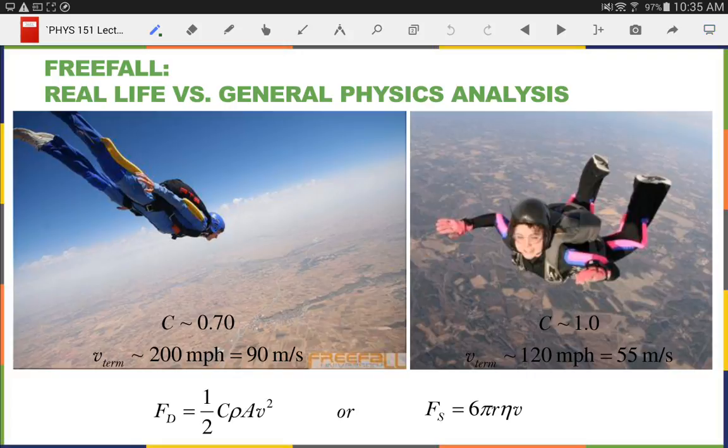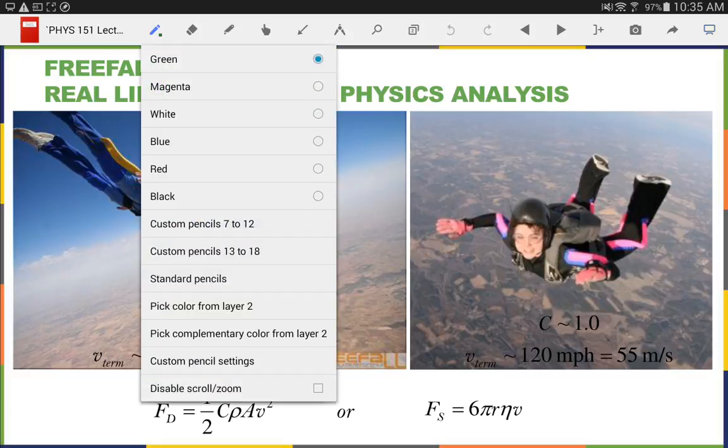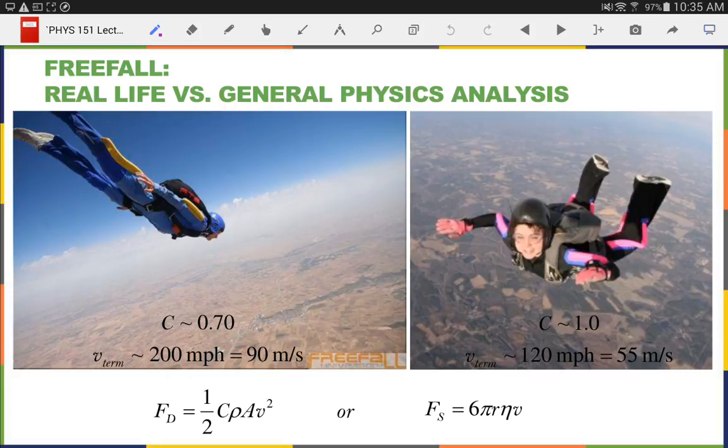Because as you're falling, what forces are acting on you? Let's draw the forces acting on this young lady on the right. What forces do we have? We have a force of gravity. And how big is that force of gravity? Just simple, just mg.